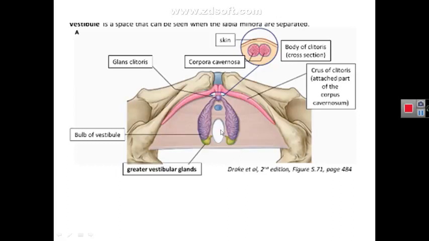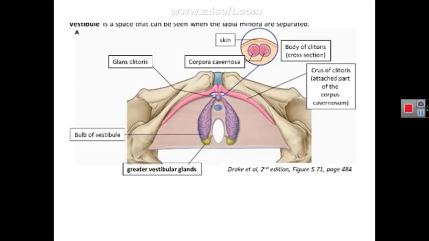It is divided by the opening of the vagina and urethra. So the right and left bulbs in the male are fused to form one bulb, but here you have two bulbs because they are separated by the opening of the vagina and urethra. And you can see also that the bulb is attached to the perineal membrane, which is the inferior layer of the urogenital membrane.